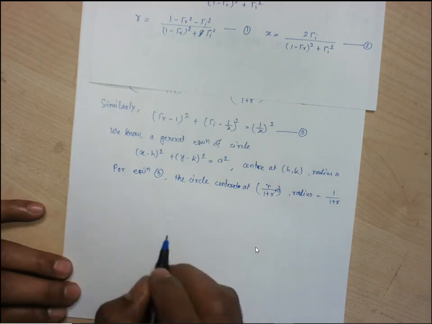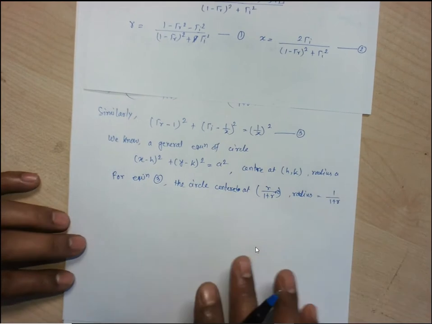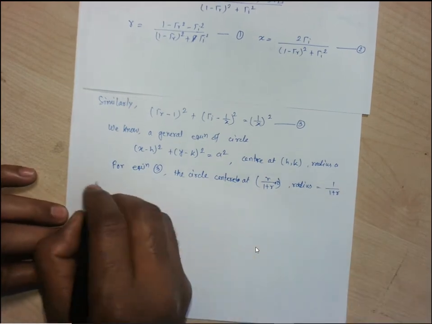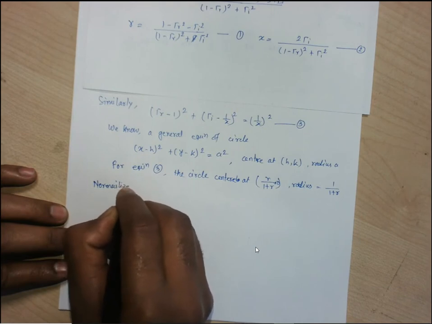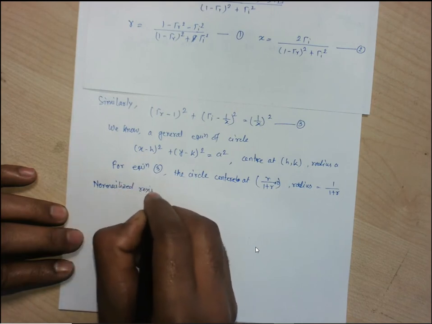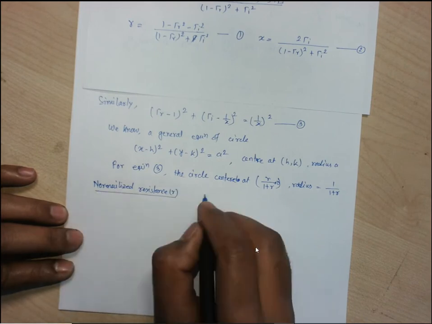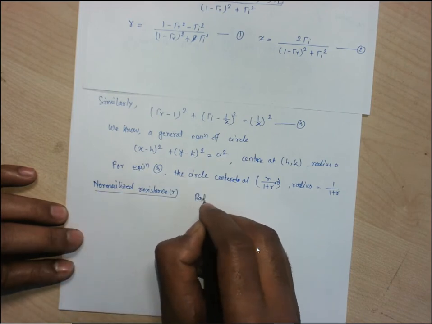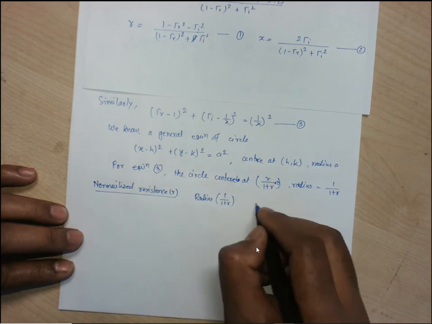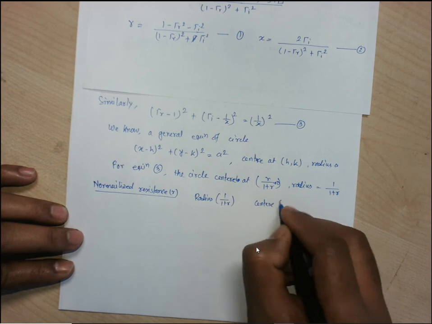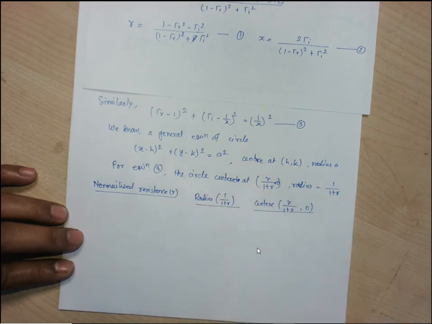So let us go with different values of this resistance and find the center and the radius. We take the normalized resistance r, then the radius is 1 by 1 plus r, and the center is r by 1 plus r comma 0.